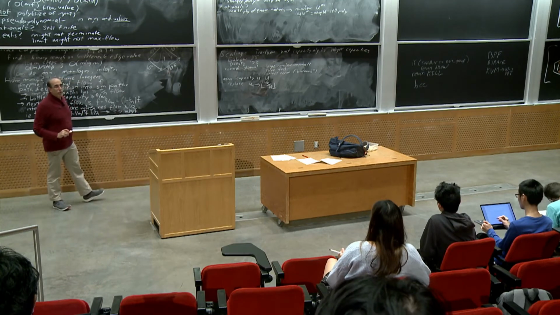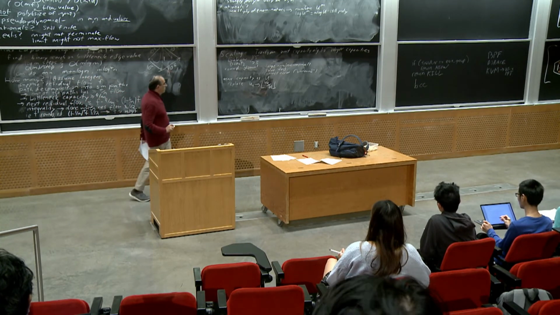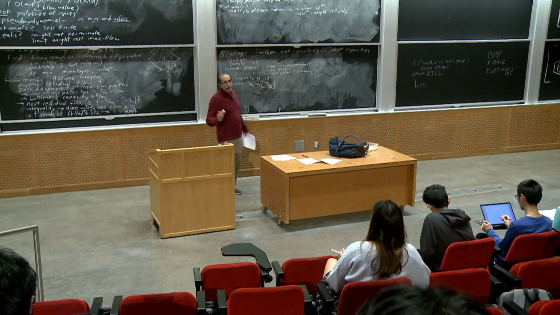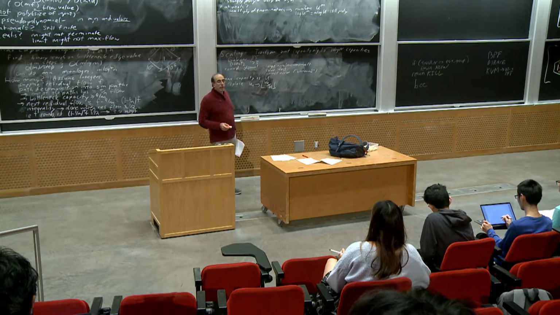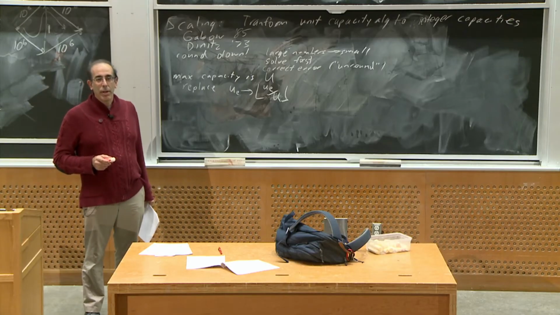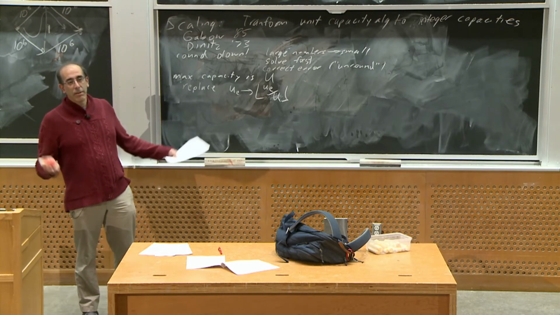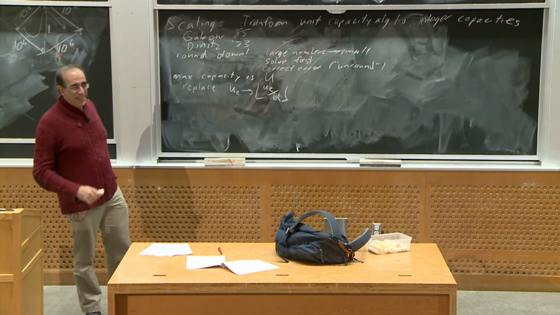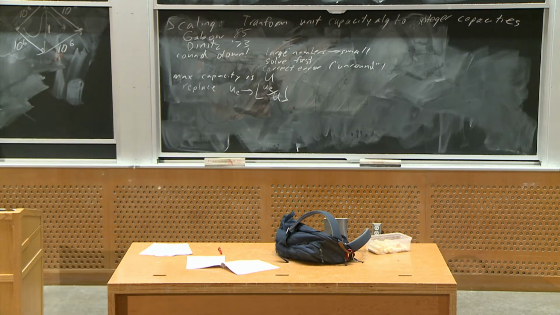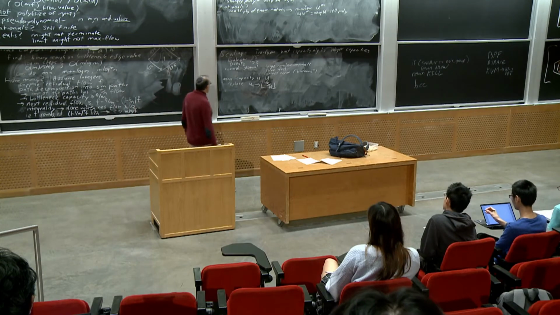So divide every capacity by U, and then round down to the nearest integer. What possible values can I end up with at this point? 0 and 1. If there are some capacities of U, they'll turn into 1. Everything else will turn into 0. So now I have a 0, 1 graph.